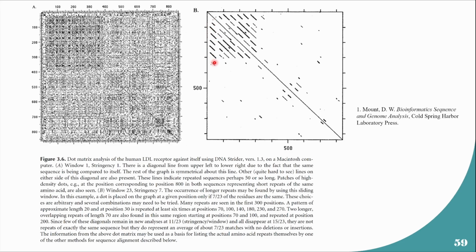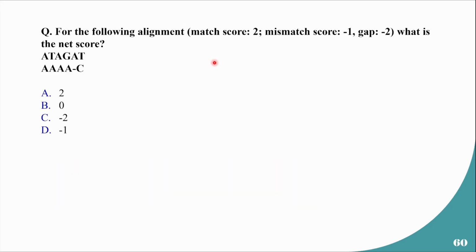So one single stretch of amino acids, or similar amino acids, was present repeatedly inside this sequence. These repeated subsequences can be identified by comparing the same sequence versus the same sequence and manipulating the different window sizes and stringency, and this could be very useful in certain studies, basically, right?